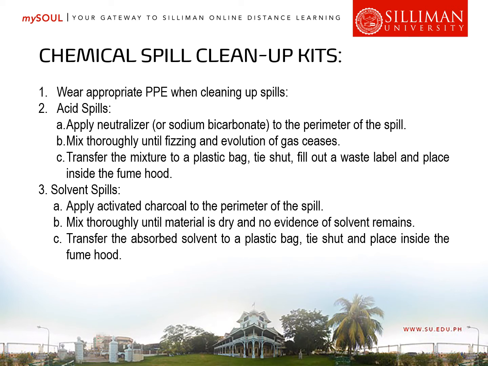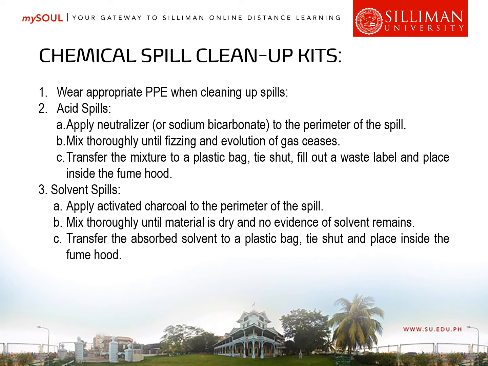So if it's an acid spill, we have to apply a neutralizer, usually in the form of sodium bicarbonate, to the perimeter of the spill, and then we have to mix thoroughly the spill with the neutralizer until fizzing and evolution of gas ceases. So the third step is to transfer the mixture to a plastic bag, tie shut, fill out a waste label, and place inside the fume hood.